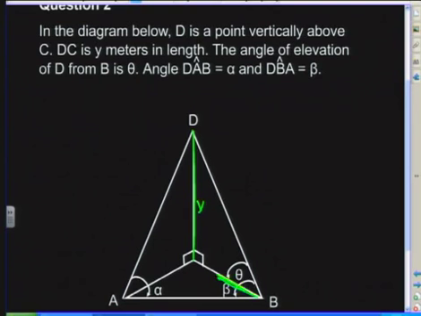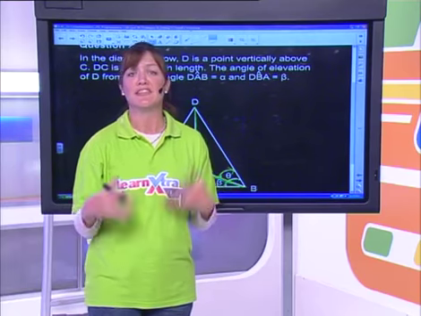The angle of elevation should be theta, looking up to D over there. And angle DAB, the whole angle over here, is alpha, and DBA, the whole angle over here, is beta.